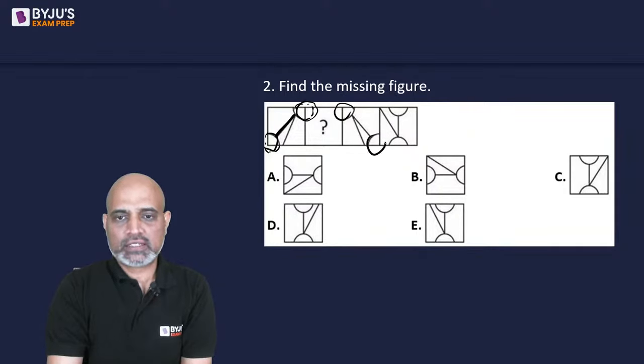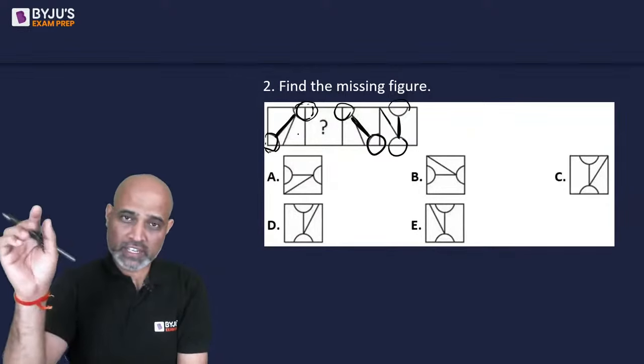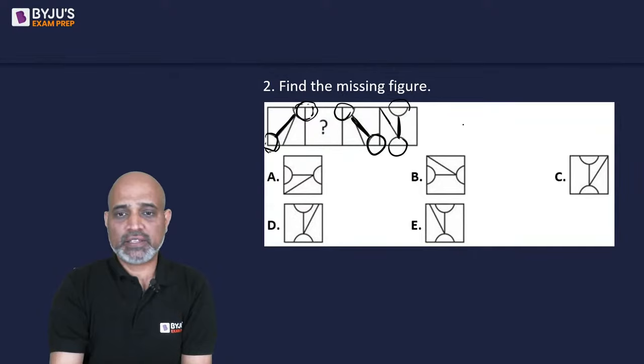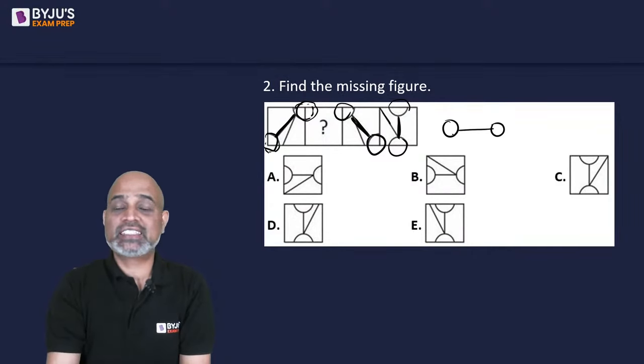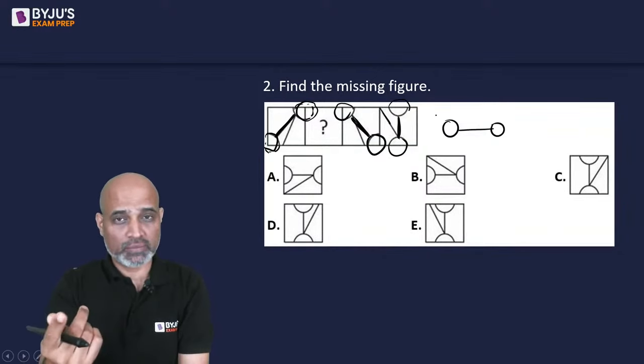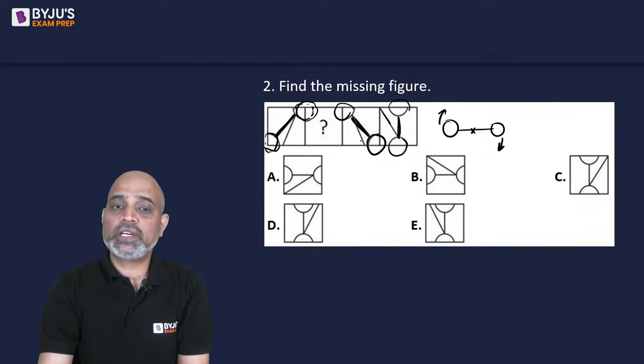There is one circle here, there is one circle here, there is a dumbbell, right? So if the dumbbell was inclined towards the positive direction of x-axis, then in the middle figure, the dumbbell should have been horizontal, so that the next time when the dumbbell rotates, it's going to be clockwise, right? So it rotates clockwise. So when it rotates clockwise, it goes diagonally.